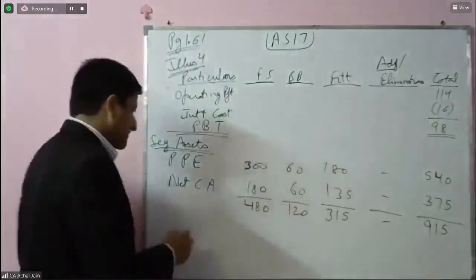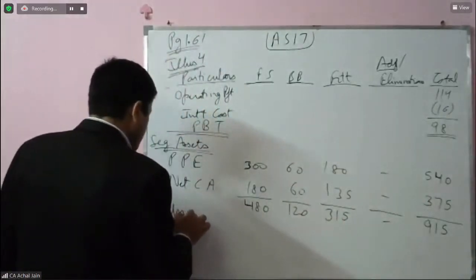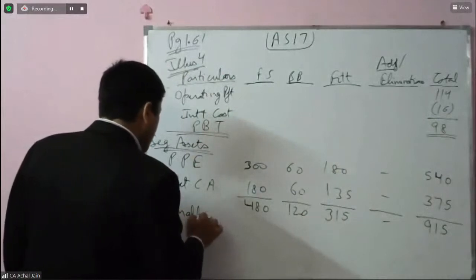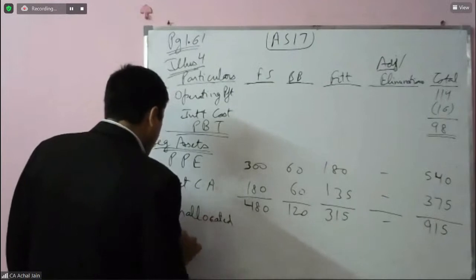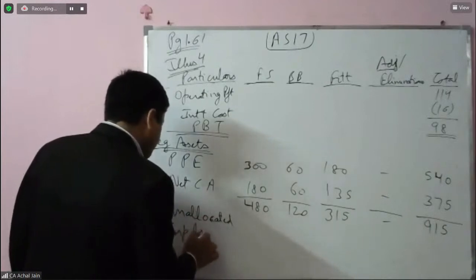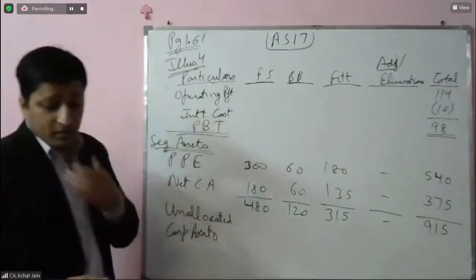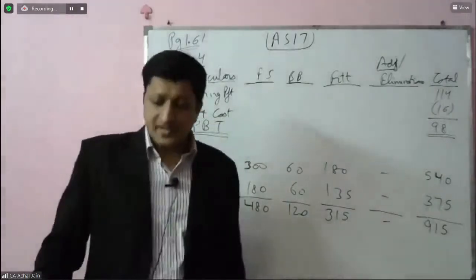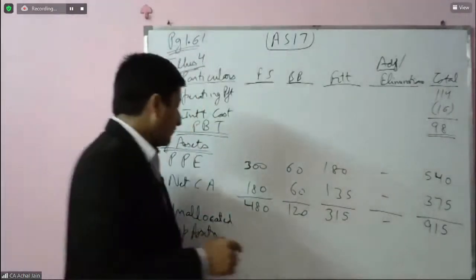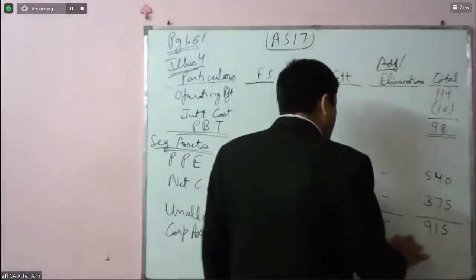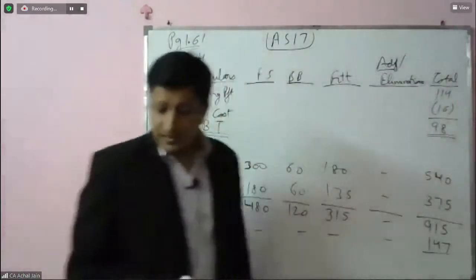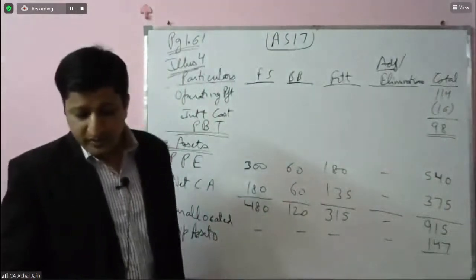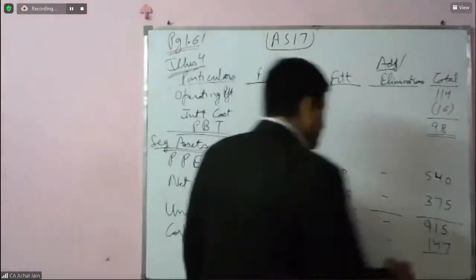Unallocated corporate assets. So we have some unallocated corporate assets. 75 and 72, which will go straight away over here. 147, which will make the total assets as 1062.